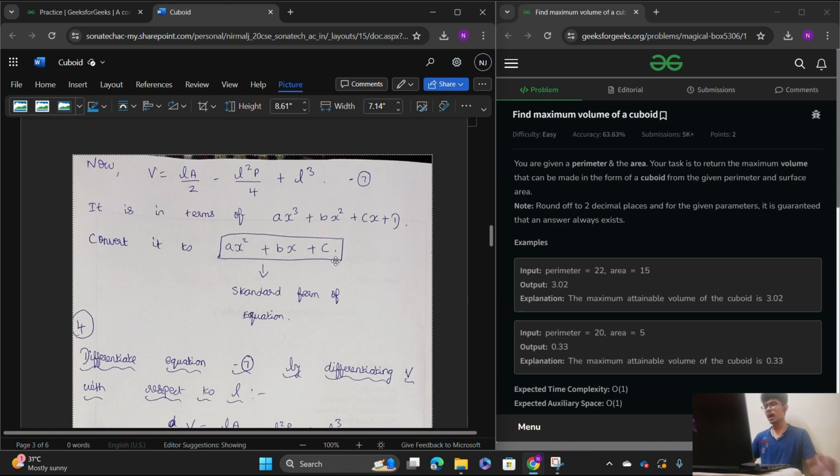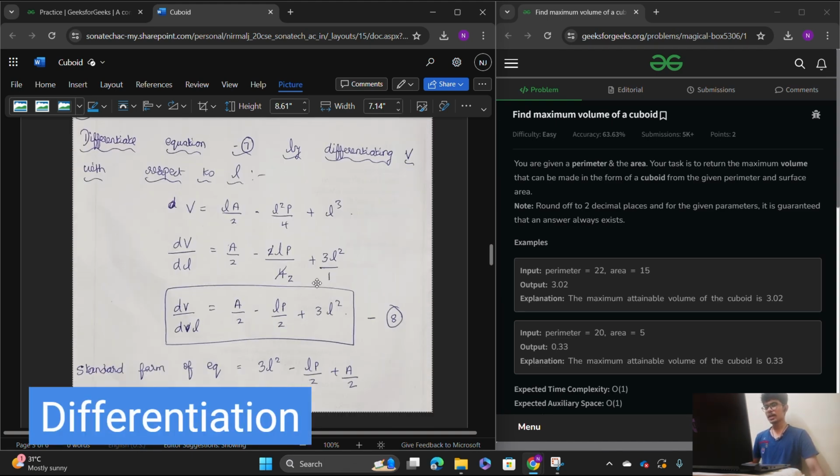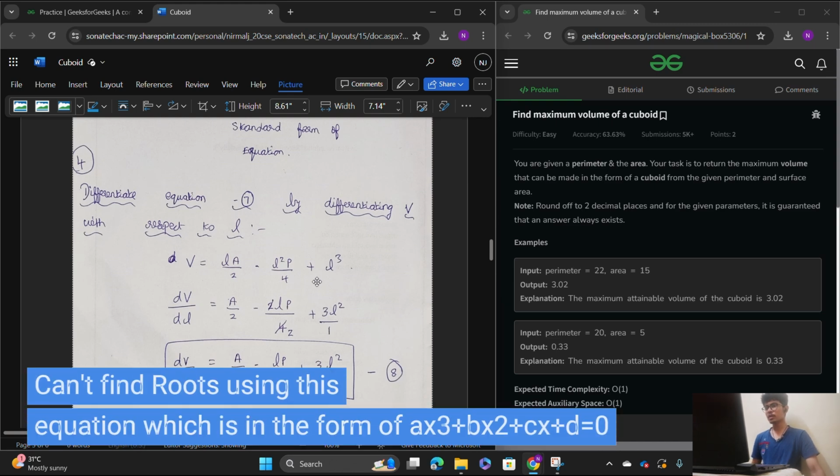For that condition, I'm going to use differentiation. You all have read differential calculus in your 12th standard, so the same concept we are going to use here.